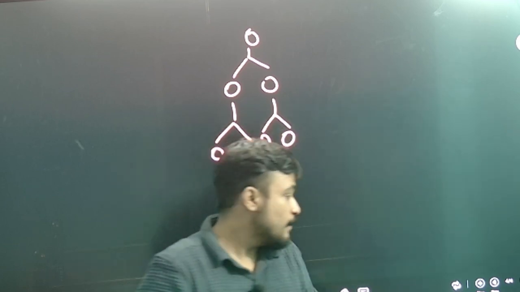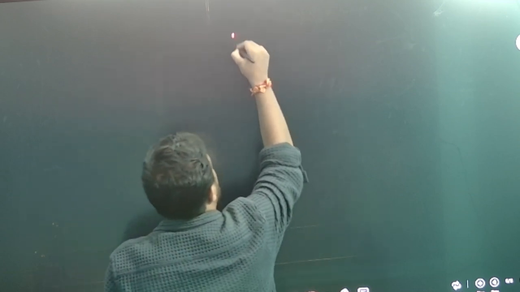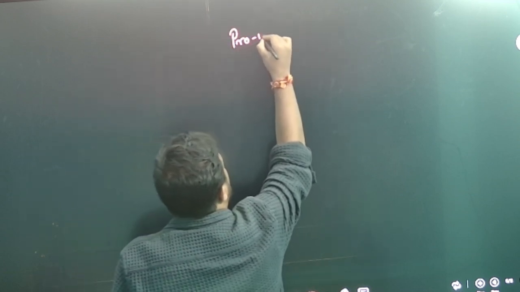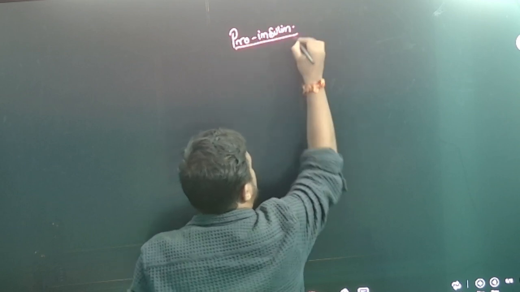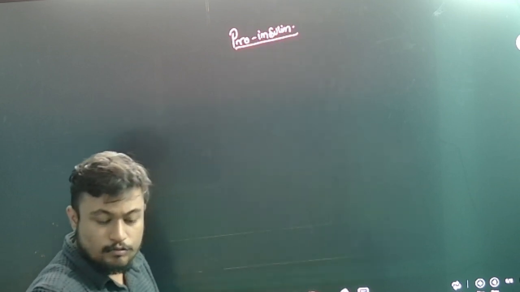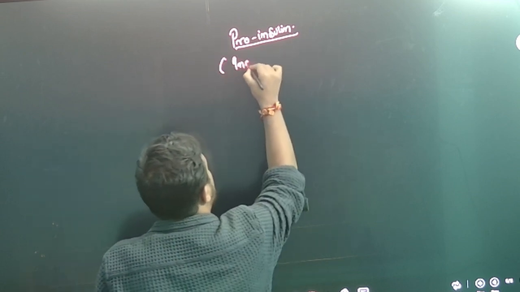Am I clear? But there is a problem here. What is the problem? The insulin that was produced is a pro-insulin. Now what do you mean by pro-insulin? By the term pro-insulin, we mean inactive insulin.